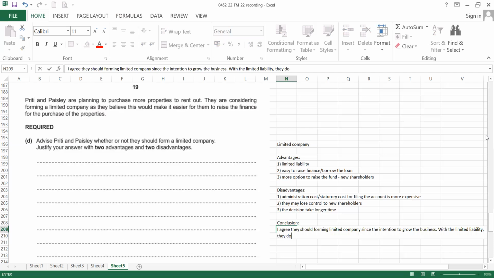They do not need to worry that their belongings will have to be used to pay off the debt if the company is unable to continue business.